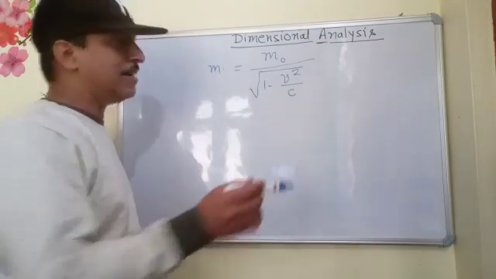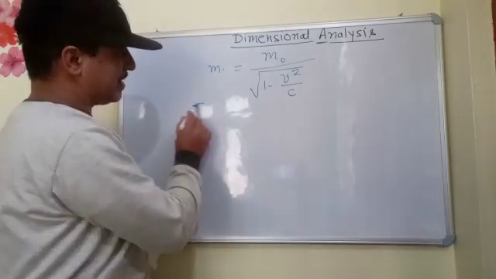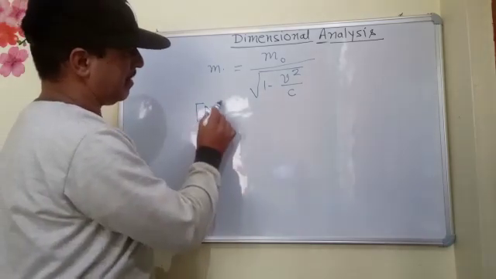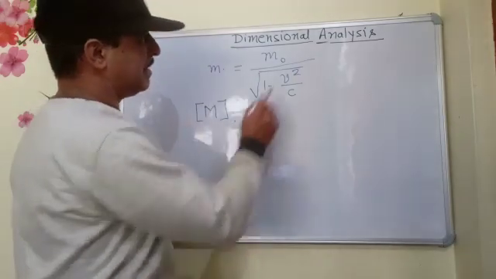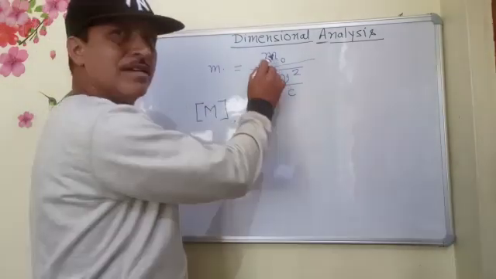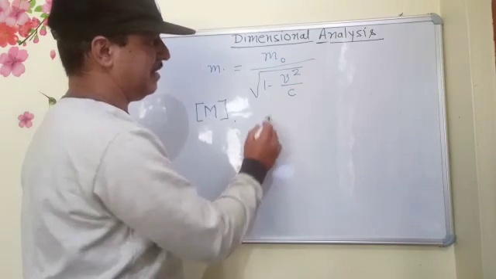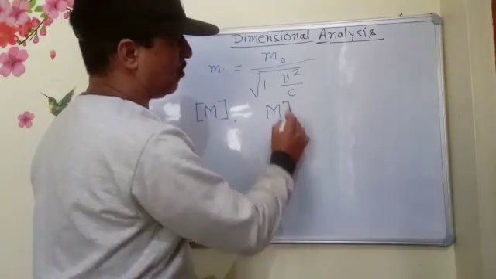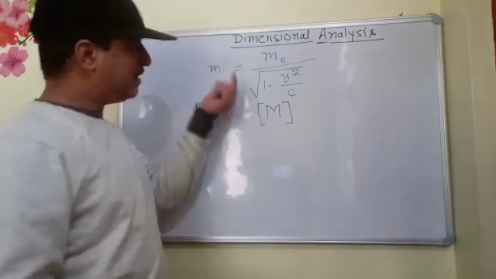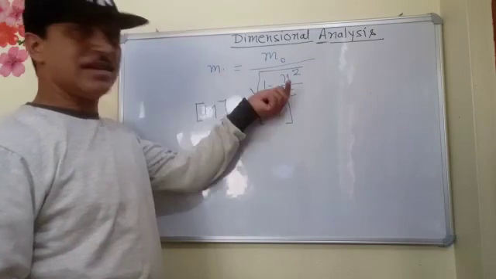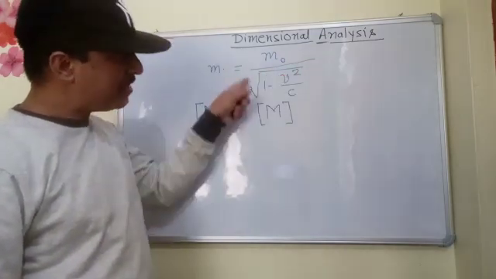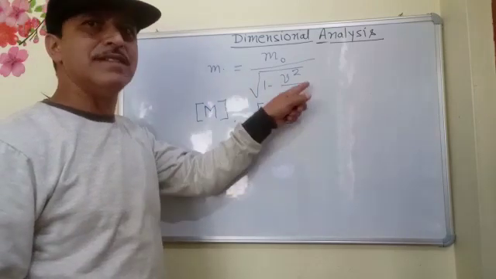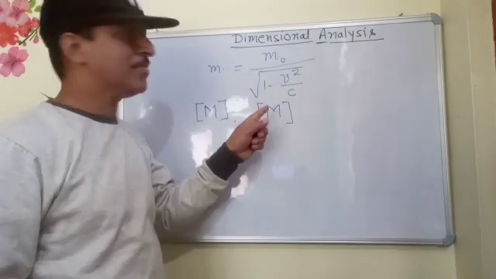So we will see that the dimensions on the left side are M and the dimension in the numerator on the right side are also M. These two terms can have same dimensions only if its denominator has no dimensions.